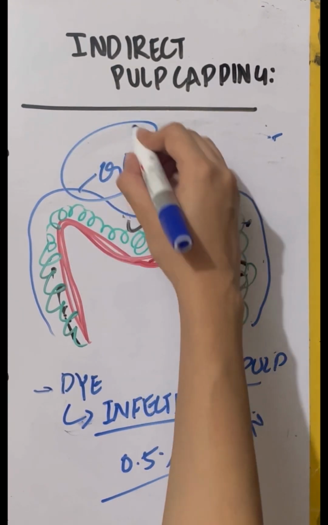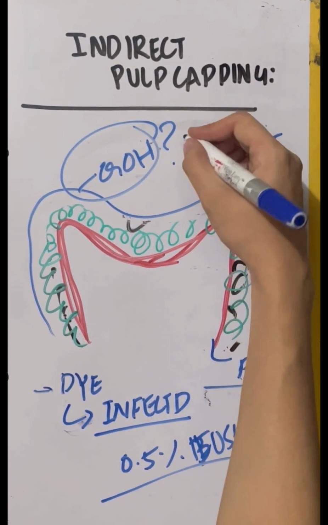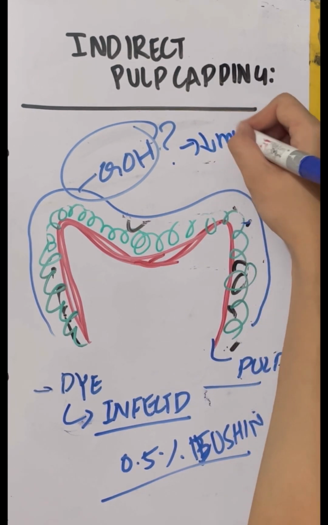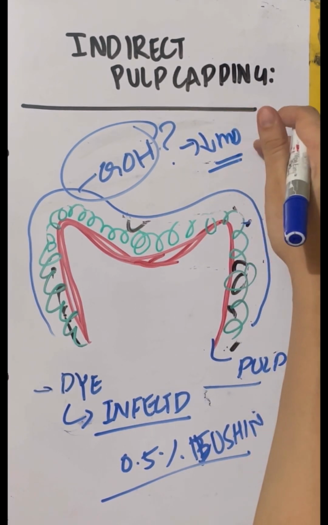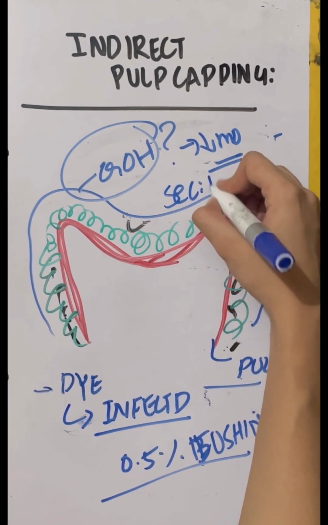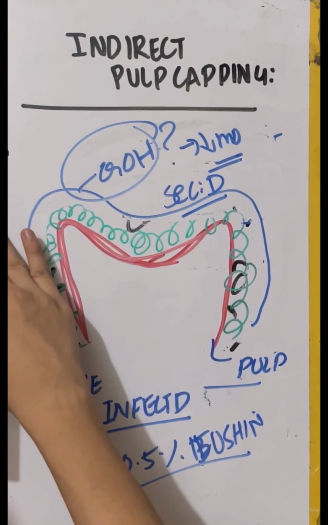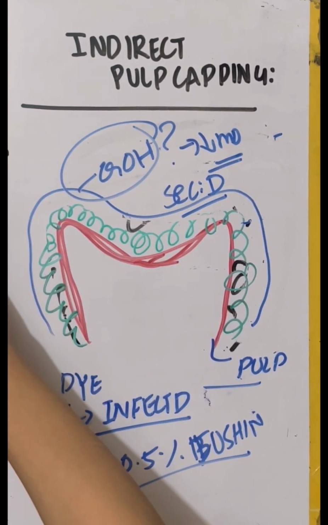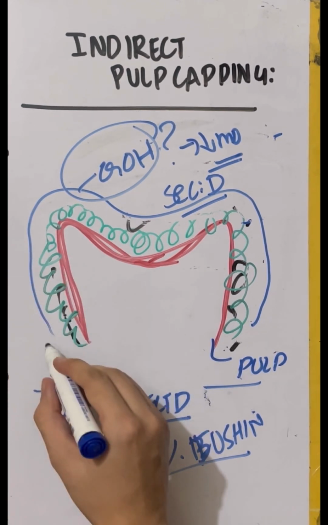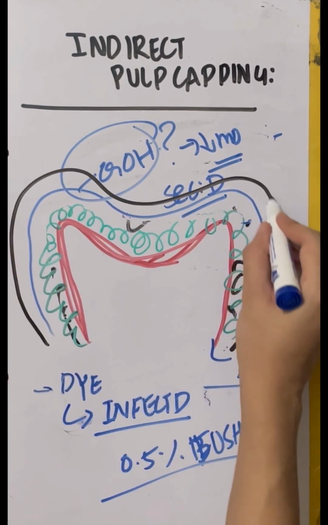Why are we placing calcium hydroxide? Actually to reduce the microorganisms and to promote the formation of secondary dentine. After this calcium hydroxide layer, we will be placing zinc oxide eugenol or GIC.